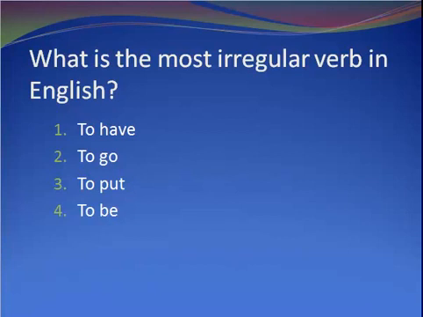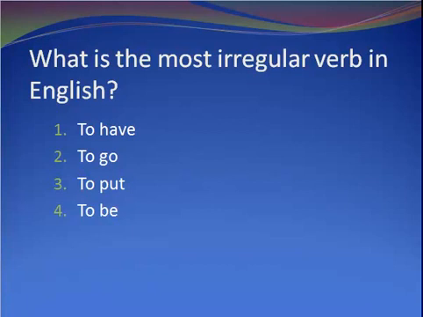How about put? Well, put, you get I put, he puts, so two forms for present. What about past? Well, you get we put. Yesterday we put, yesterday I put. So you've got the same form for past as you have for present. How about to be?